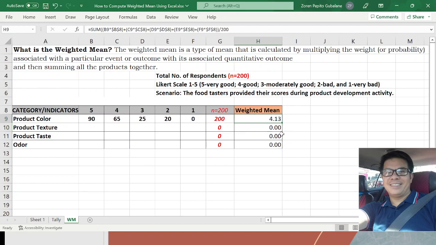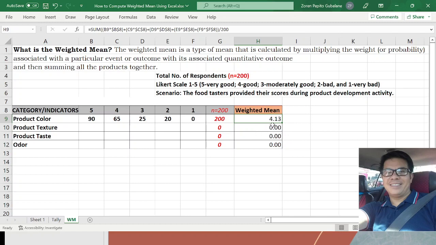It is a must to really observe the important numbers, letters, and symbols in the formula, or else we might have problems in the computation.